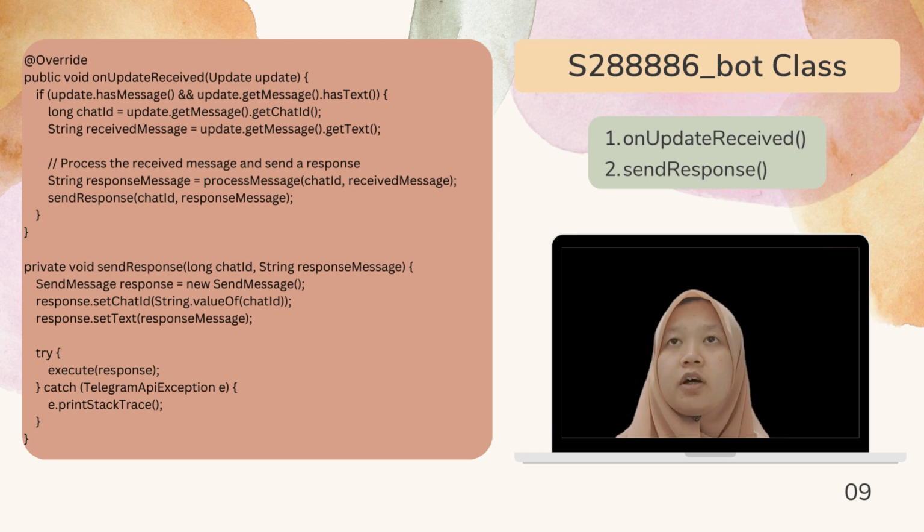First, on update received, this method is called when a new update is received, and it checks if the update contains a message, and processes it. And next, for the send response, this is to send a response message to the user using the Telegram API.